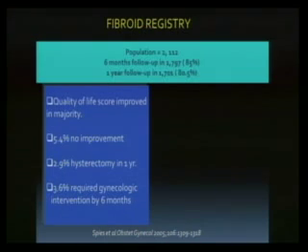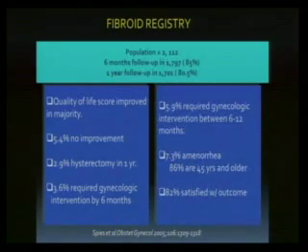No improvement in 5%, hysterectomy requirement in 3%, and about 4% required additional gynecologic intervention. And then between 6 to 12 months, about 6% required another intervention. Amenorrhea in about 7.3%. And you have to take note that among those that go into ovarian failure, 86% are already 45 years and older. And then satisfaction is about 82%.